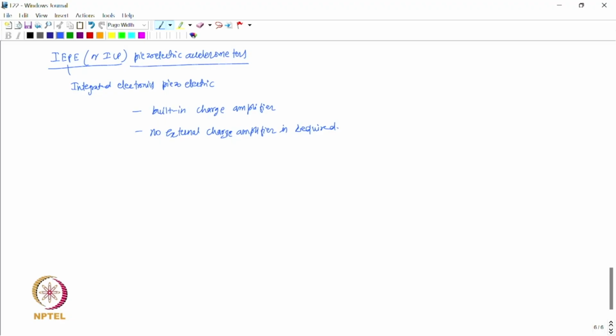They are easy and handy to use, and they are available commercially with several trade names, for example ICP, Deltatron, Isotron, Piezotron. These are the trade names of commercially available IEPE types of piezoelectric accelerometers.